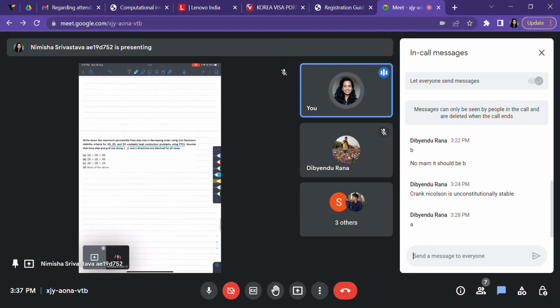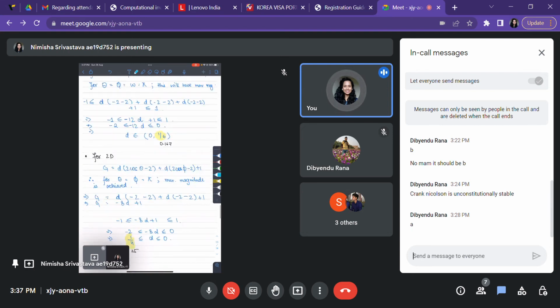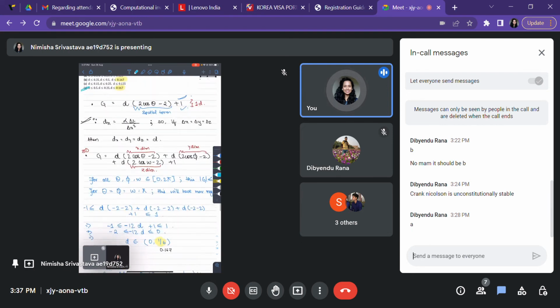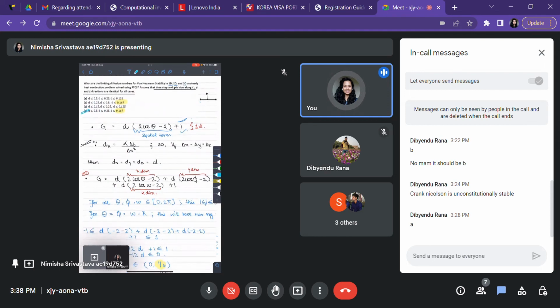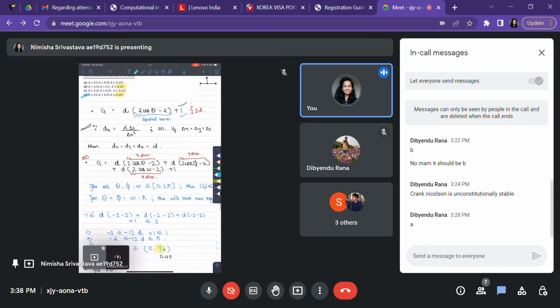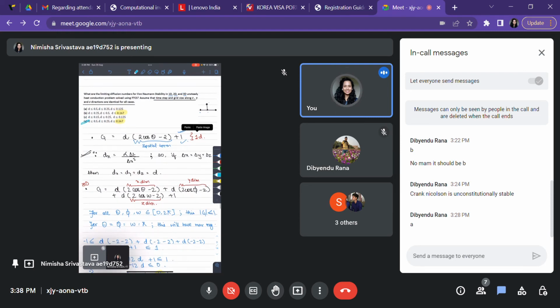Right. Then, okay, so from whatever analysis we've just done, where we extrapolated the expression for G in 1D to 2D and 3D, we have received that the D, basically the diffusion factor, alpha delta T by delta X square, is what we have gotten the values for.